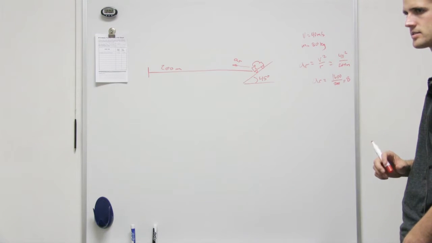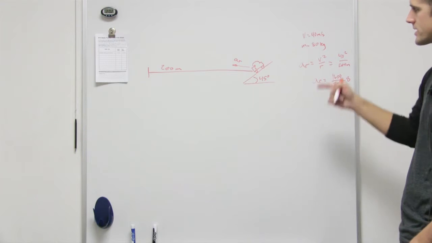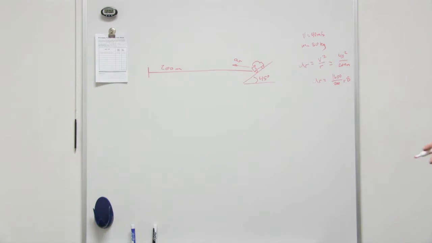Does that make sense? So we know he has an acceleration towards the center of the circle of 8 meters per second squared.